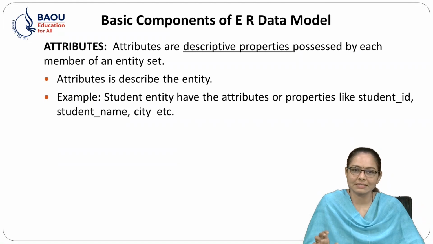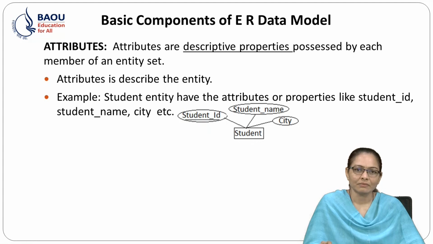For example, the student entity has attributes or properties like student ID, student name, city, etc. So, the student is described by these attributes. Here we can see in the diagram, the student entity is represented by a rectangle and student ID, student name, city are the attributes which are used to describe the particular student and they are represented by ovals.